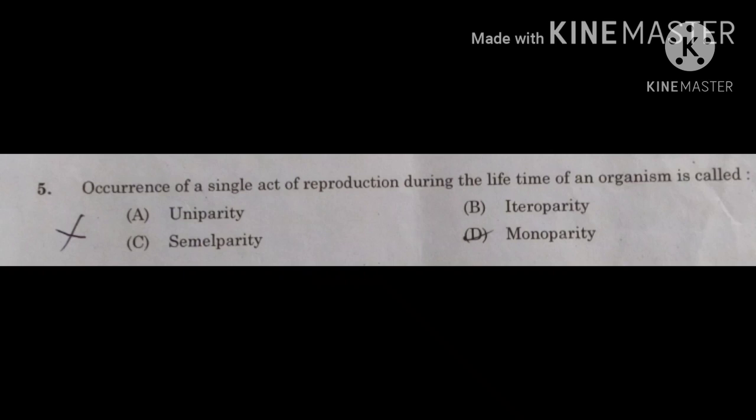So, semelparity and iteroparity are zoological terms. When we come to botany, the term which is similar to semelparity is what? Monocarpic. The plants which have the capacity to produce seeds and fruit only one time within the entire life cycle. Okay, and the term in botany related to iteroparity is polycarpic. Those plants have the capacity to produce fruits and seeds multiple times, several times in their entire life cycle. Okay, so for this question, the correct option is C, that is semelparity.